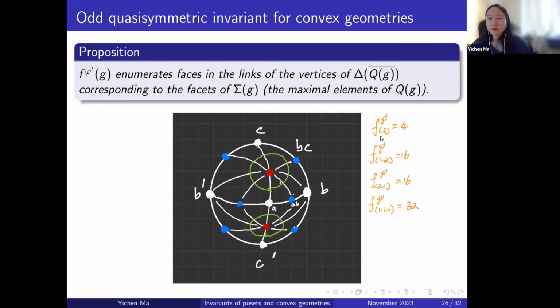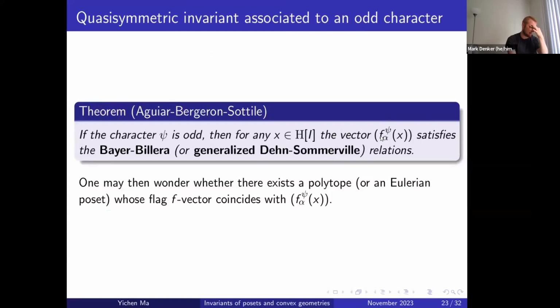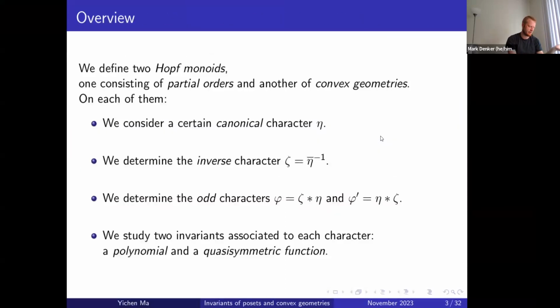The inverse of eta bar. So eta bar is one on basis elements with even base set and -1 on basis elements with odd base set. Okay, and so that's the odd character.